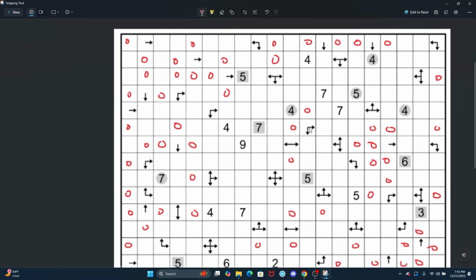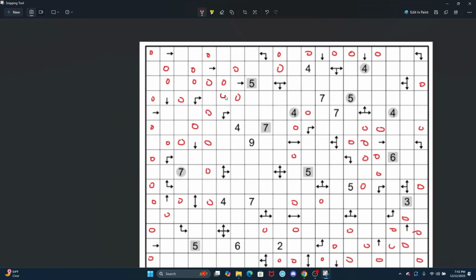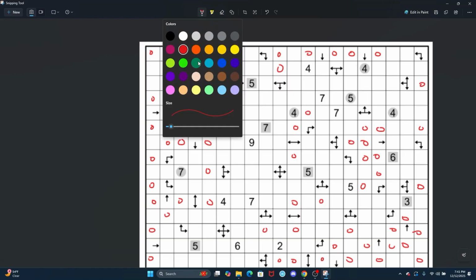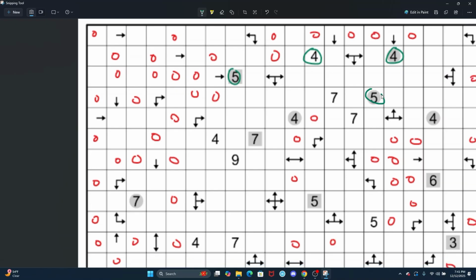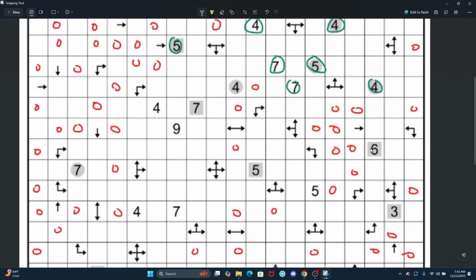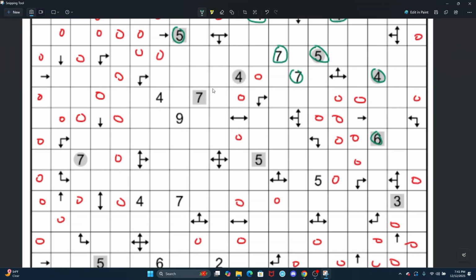Okay, those are all the reds done, I think. If we missed any, we can hopefully spot it later and just mark them red. And so I'll mark the numbered cells green real quick as well.